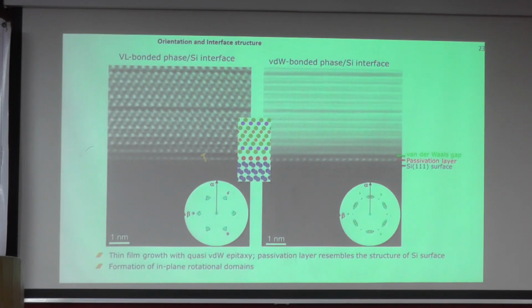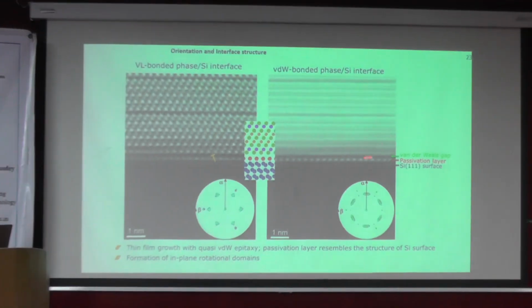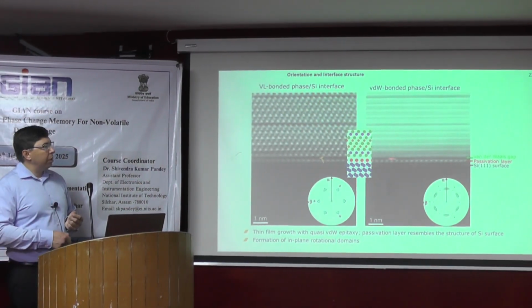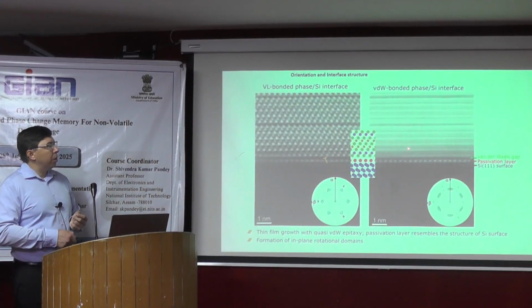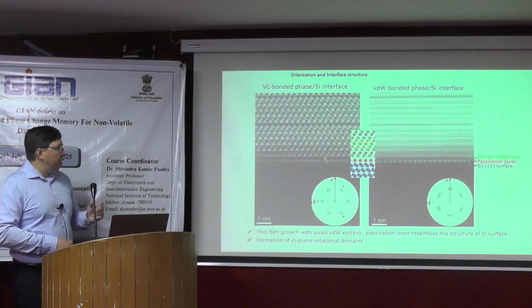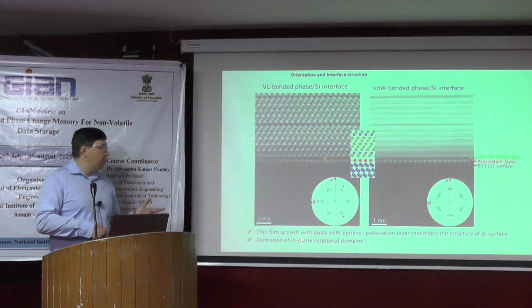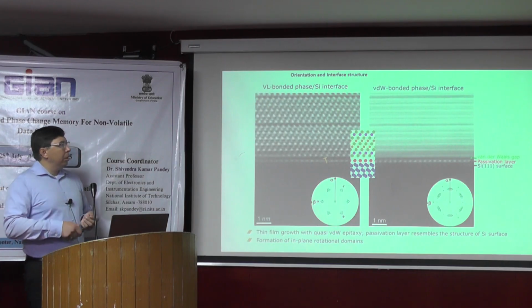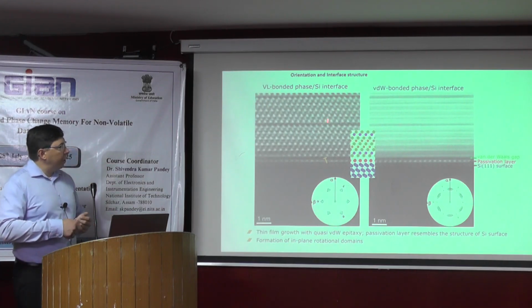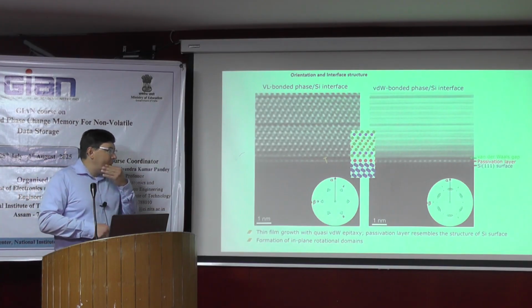We did not want to grow this layer, but after growing it and studying the system, we found the formation of such a tellurium-rich layer, and after that we have no space. So this is a gap, a van der Waals like gap, and then our thin film structure grows further on that. This is also like vacancy or van der Waals like gaps. So here we have quasi van der Waals like epitaxy of phase change materials.